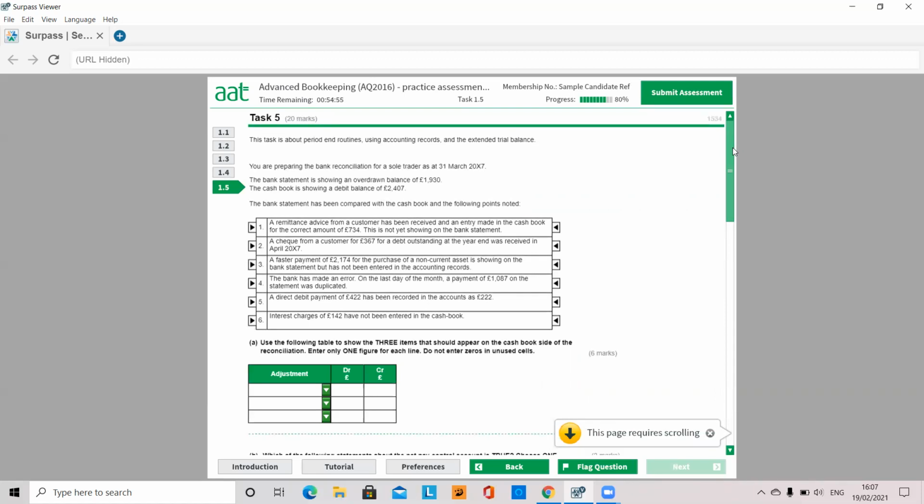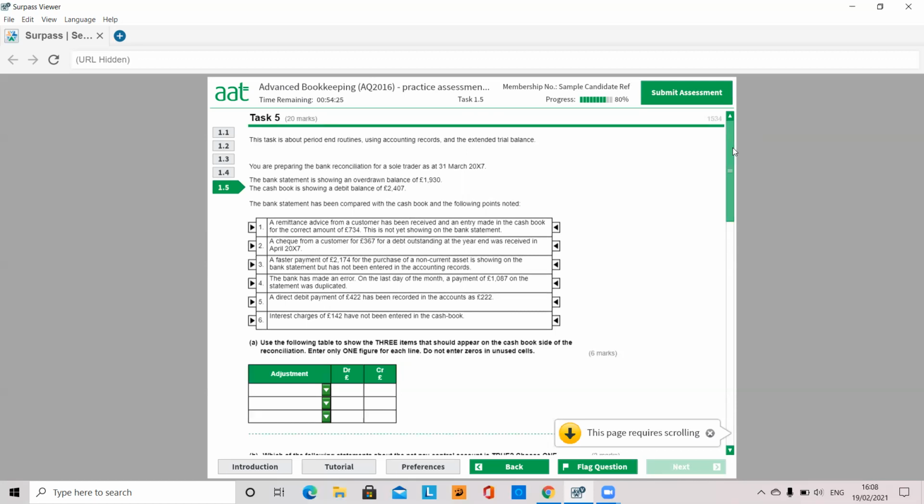So you are preparing the bank reconciliation for a sole trader, 31st of March 2007. And it says the bank statement shows an overdrawn balance of 1930. The cash book is showing a debit balance of 2407. So the bank statement is being compared with the cash book on the following points.